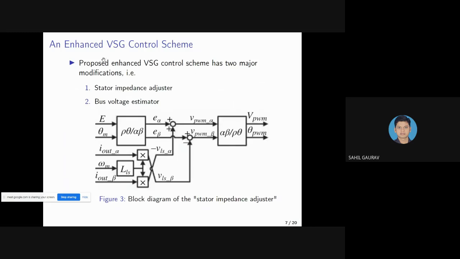As I said earlier, the proposed enhanced VSG control scheme has two major modifications added to the basic VSG control: the stator impedance adjuster and the bus voltage estimator. And this figure number 3 is the block diagram of a stator impedance adjuster.